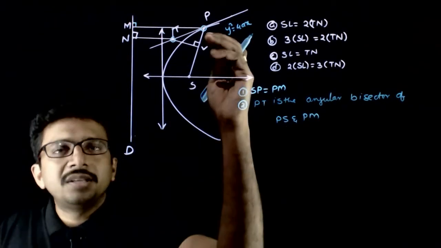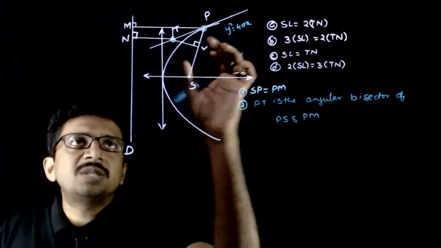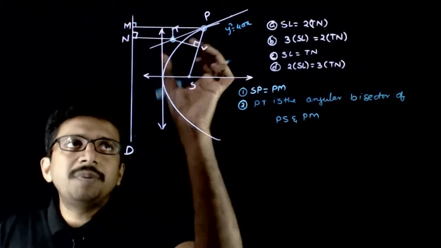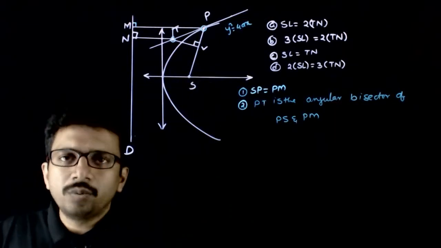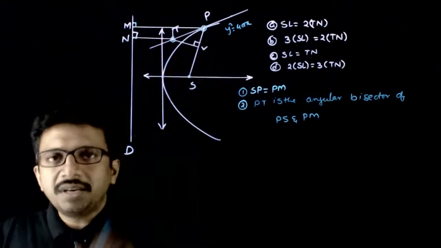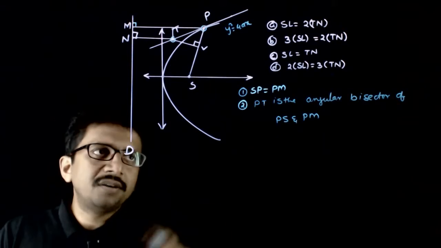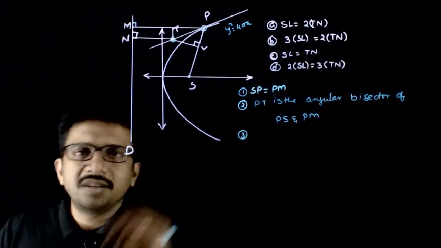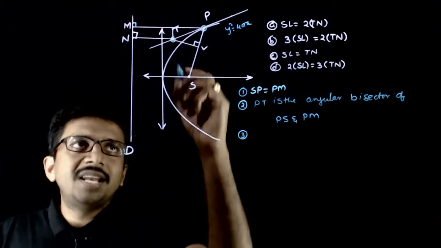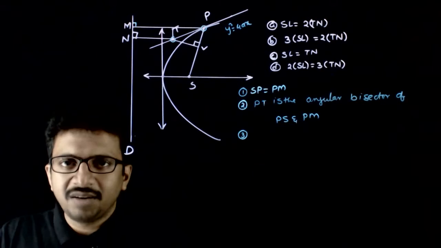If I draw the line PM perpendicular to the directrix, then every tangent will bisect the angle between SP and PM at that point. The third property is, if you take any point on the angle bisector, the lengths of perpendicular from the angle bisector onto both the lines are equal.